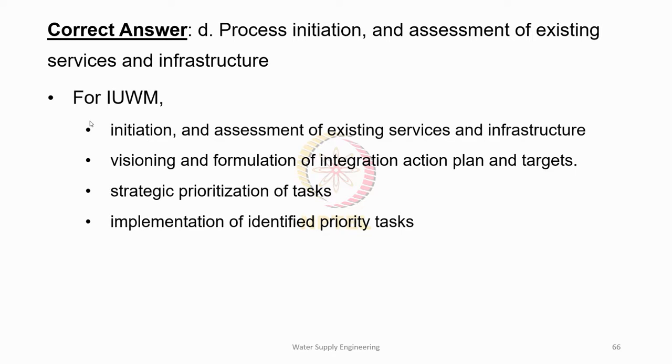Then these identified tasks which are prioritized are implemented in order. So in order to ensure that the process is going on smoothly, we need to set up a monitoring framework as well. Unless monitored, none of the system will work perfect.